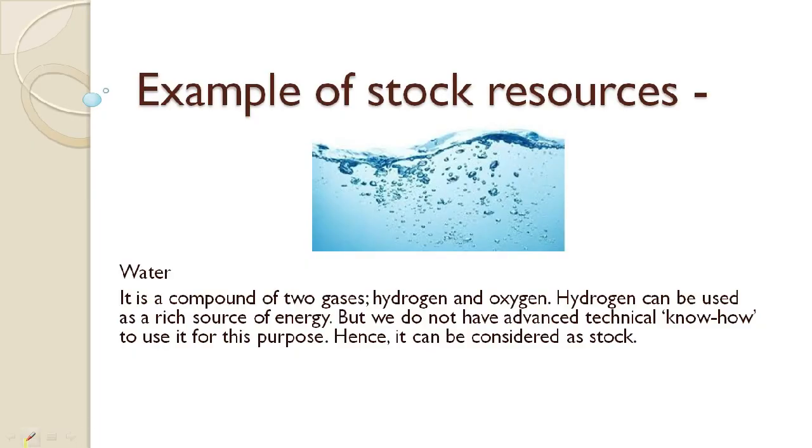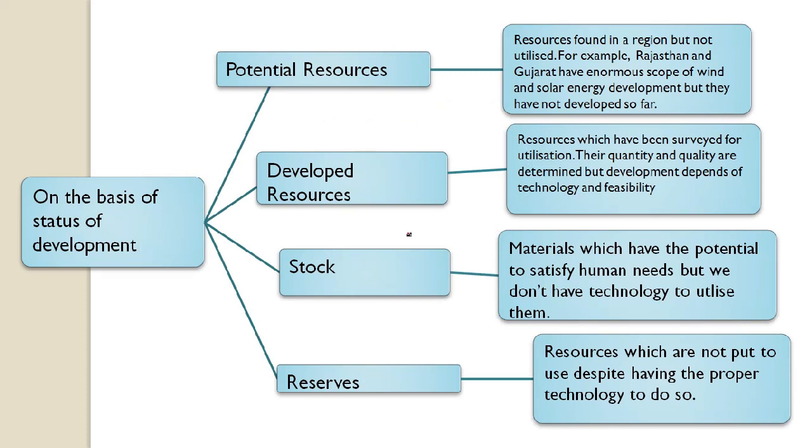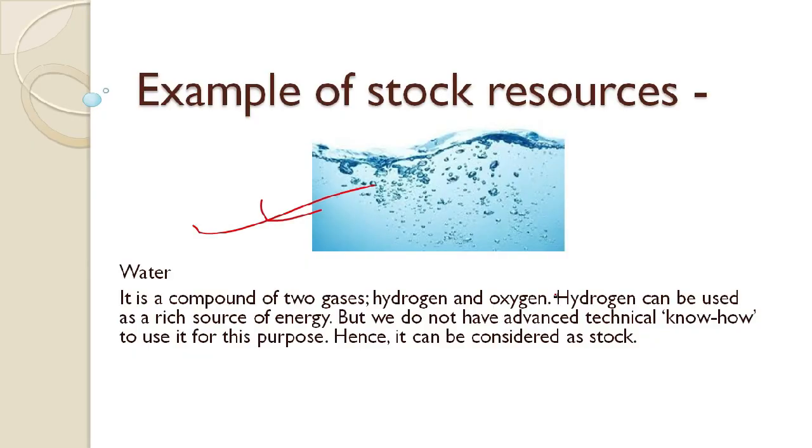Now let us see an example of stock resources. Water is a very good example of stock resources. What did we learn in stock resources? We have learned that materials which have the potential to satisfy human needs, but we don't have the technology. See students, the point to pick from here is we don't have the technology to utilize them. Now, as you know, water is a compound of two gases, hydrogen and oxygen.